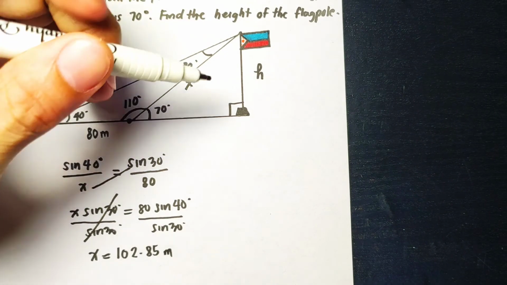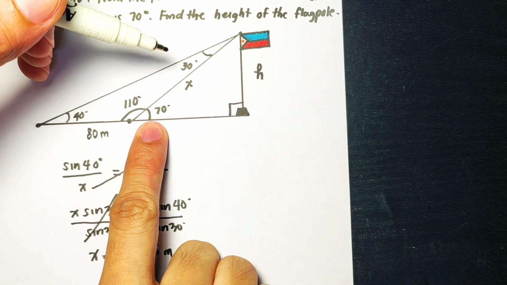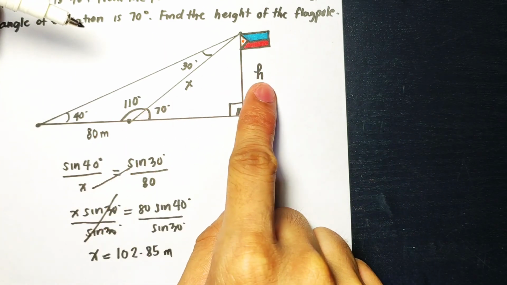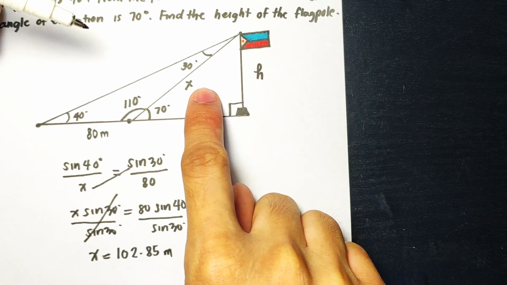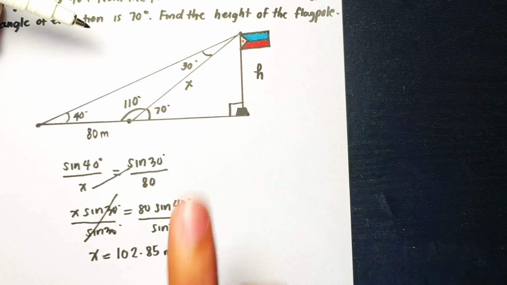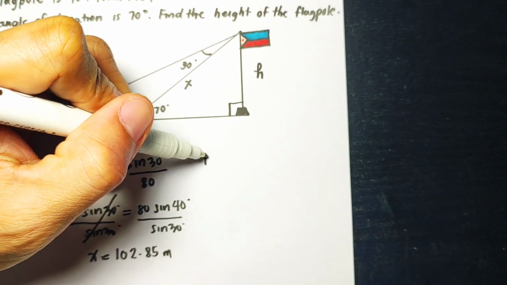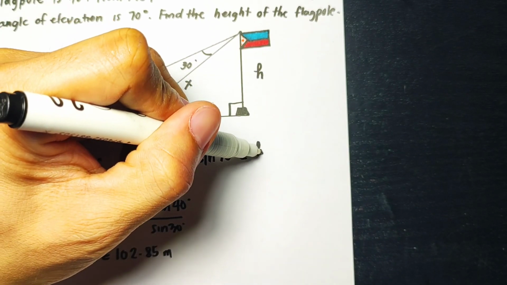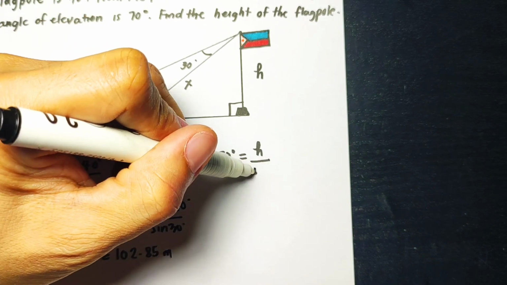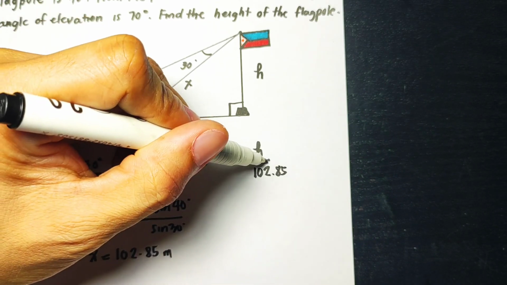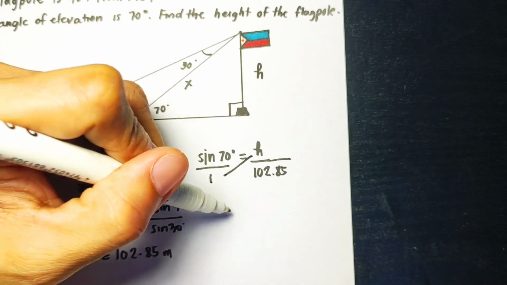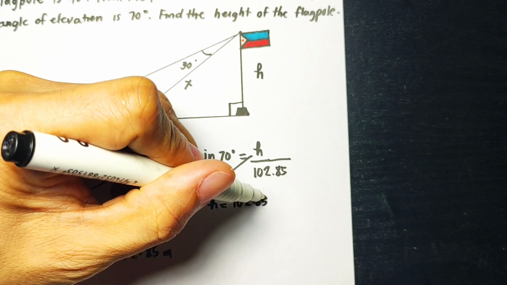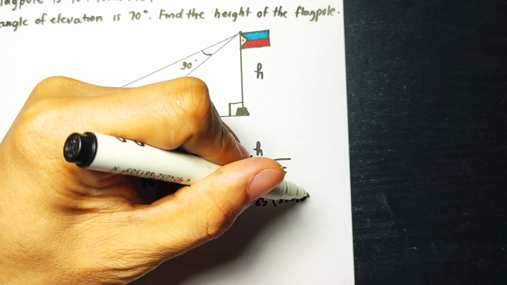Using the angle 70 degrees, we are finding the opposite side, which is the height, and given the hypotenuse, we will use the sine function. So sine of 70 degrees equals the height divided by the hypotenuse, 102.85 meters. Solving for h, h equals 102.85 times the sine of 70 degrees.